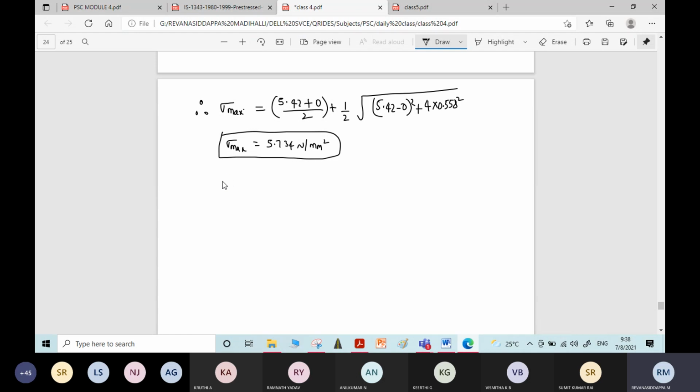And sigma minimum is equal to (5.42 plus 0) whole divided by 2 minus half of root of (5.42 minus 0) whole square plus 4 into 0.558 square. What is the answer? Sigma minimum.